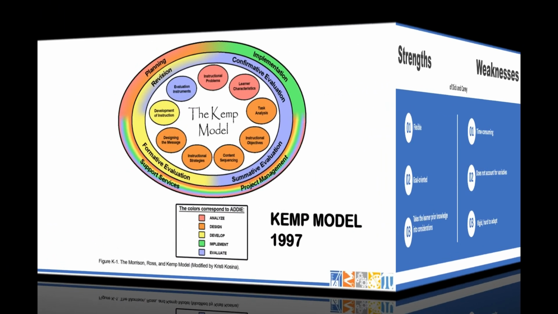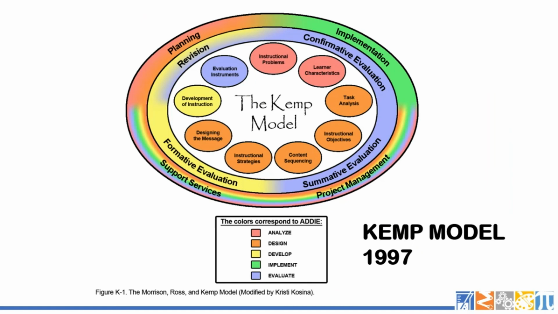Alright, now we come to the very last model of this presentation, which is the Kemp model, which was founded in 1997. As you guys can see from the slide, the Kemp model of instruction consists of 9 elements arranged in a circular manner in the form of an oval shape. The Kemp model defines 9 different components of an instructional design.